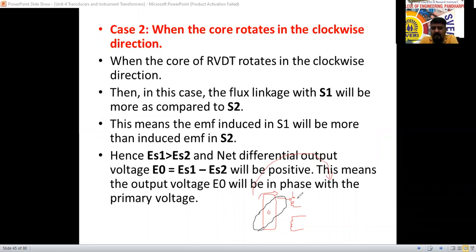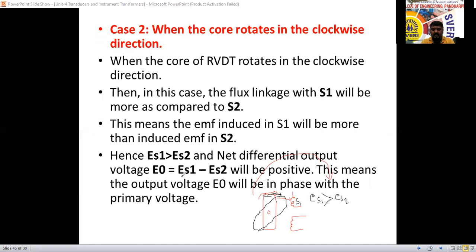S1. It is nearer to S1. Then this angular displacement we are going to measure in the form of output voltage. So from this condition, easily we can say that ES1 is greater than ES2.